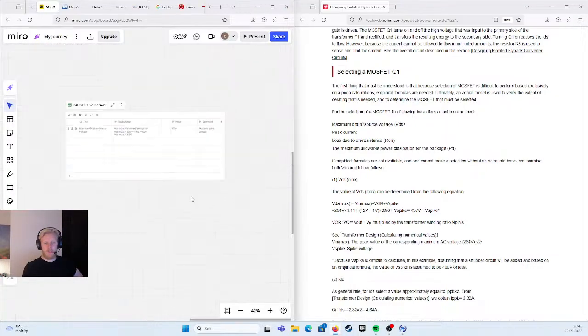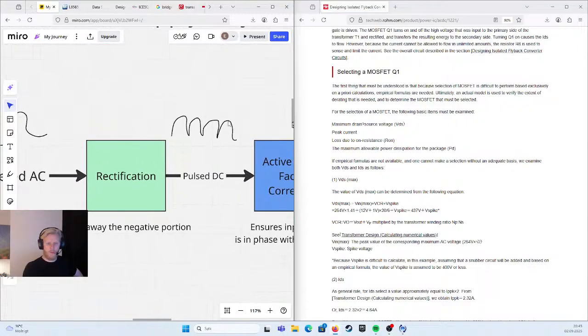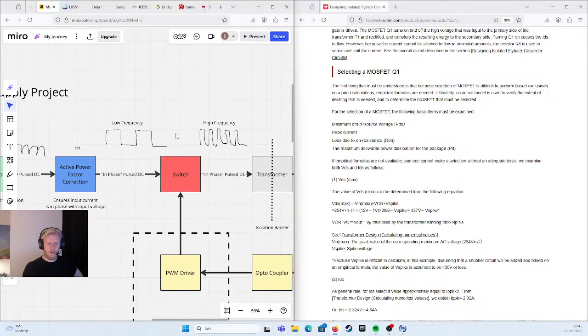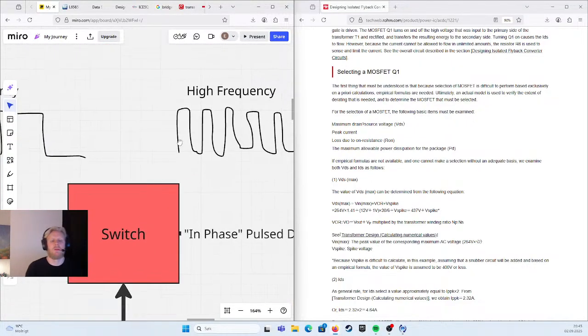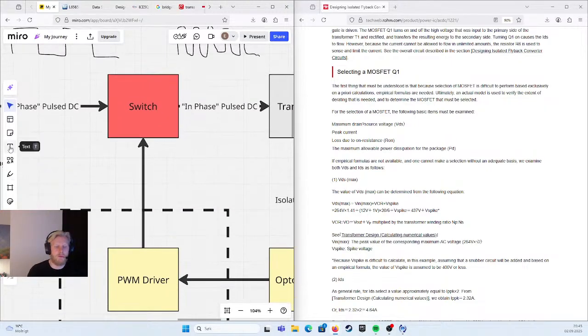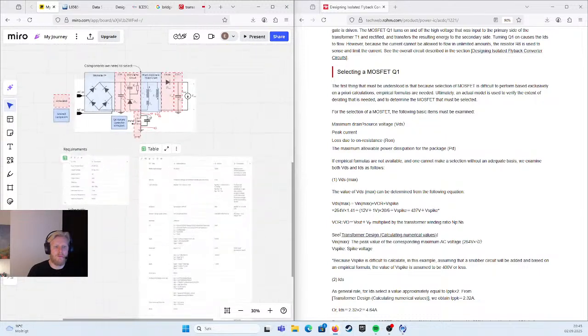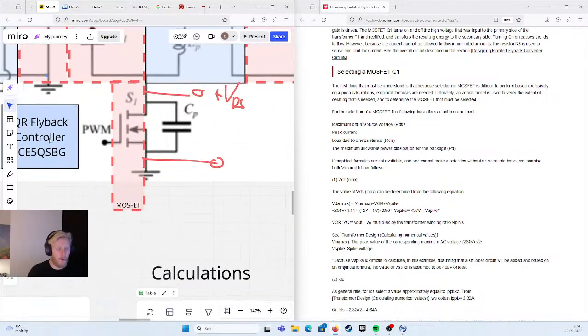I mean, this is basically at the switch. I haven't forgotten about my NFC reader, but right now I'm having a lot of fun with this power supply design.